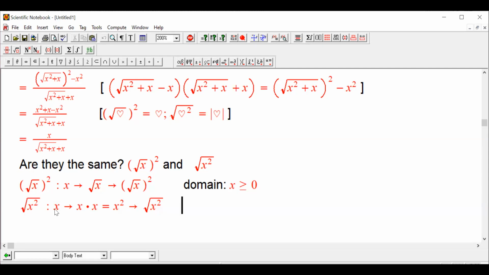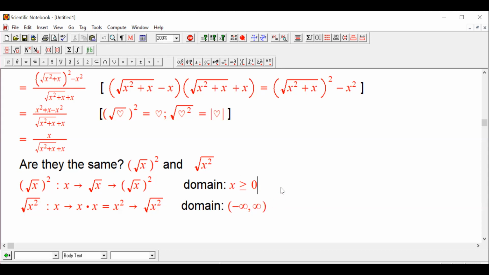So the input can be negative, because negative times negative will be positive. 0 times 0 will be 0. So the input for this one can be any real number. So the domain of the latter one is any real number, from negative infinity to positive infinity.